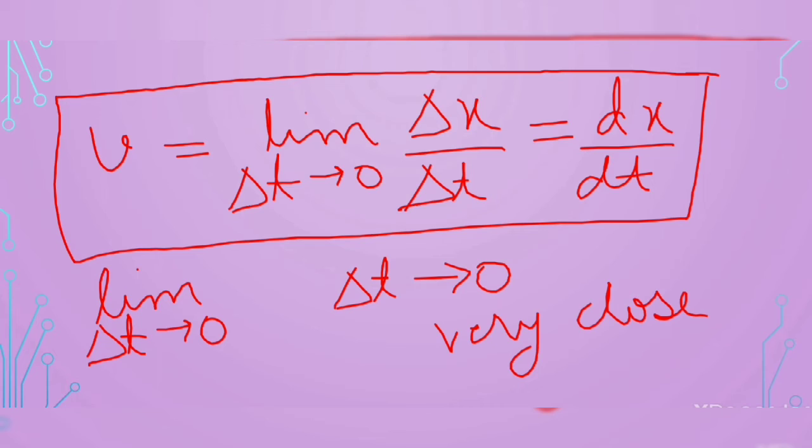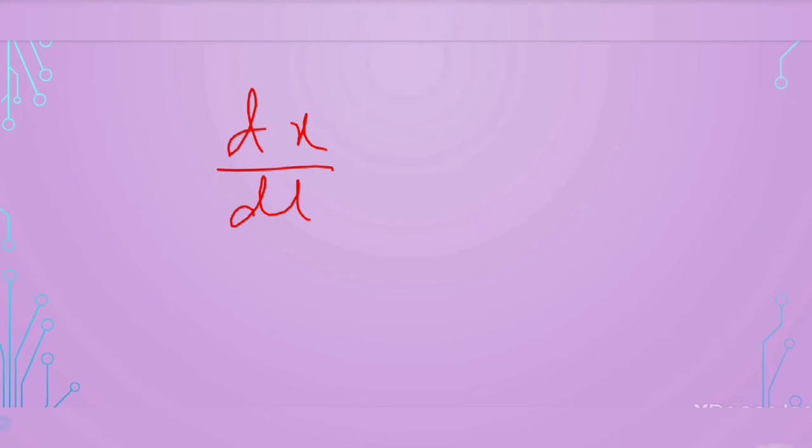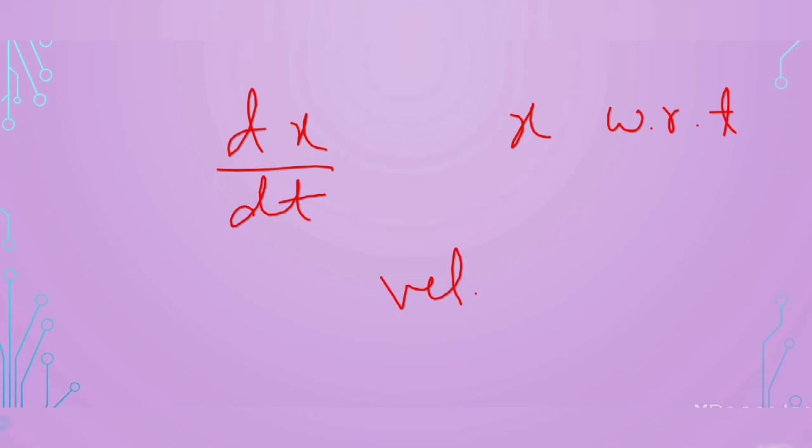In the language of calculus, the quantity dx by dt is the differential coefficient of x with respect to t, that is time. So therefore, it is the rate of change of position with respect to time at that instant. For uniform motion, velocity is the same as the average velocity at all instants, right?